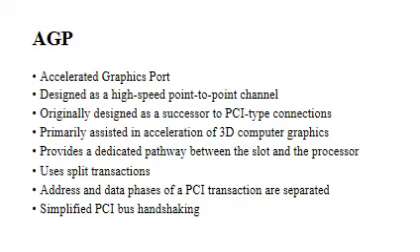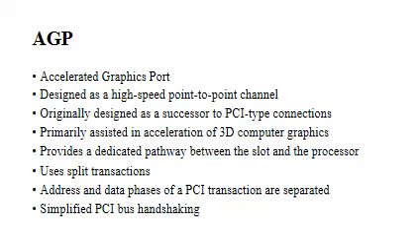AGP, or Accelerated Graphics Port, was designed as a high-speed point-to-point channel for attaching a video card to a computer system, primarily to assist in the acceleration of 3D computer graphics. It was originally designed as a successor to PCI-type connections for video cards.